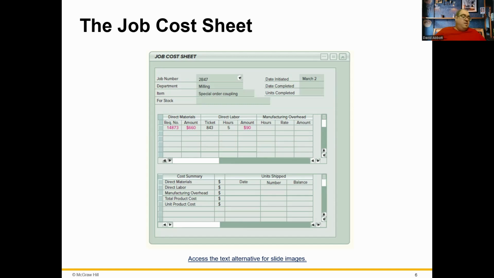A job number uniquely identifies each job, so each job is given a unique number. Then the amount of direct materials, direct labor, and manufacturing overhead costs are accumulated for each job. The job cost sheet is a subsidiary ledger to the work in process account, so eventually it will make its way into our accounting system.